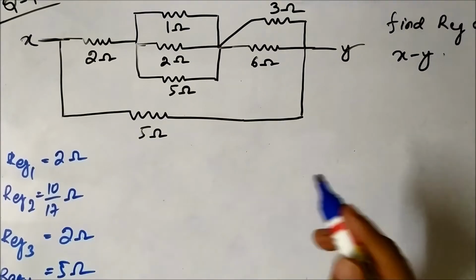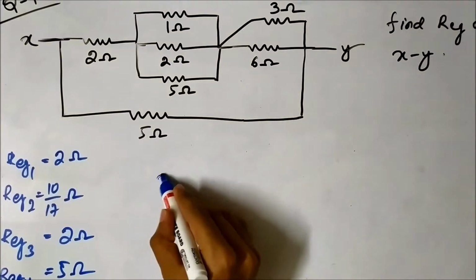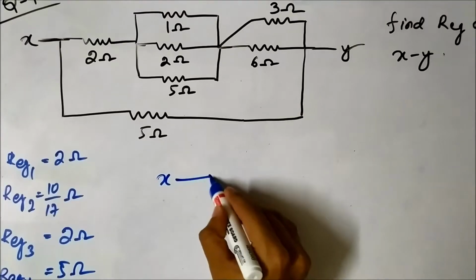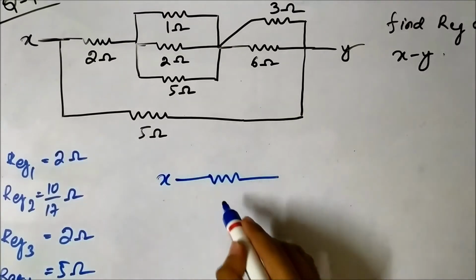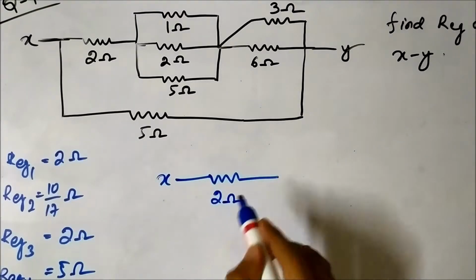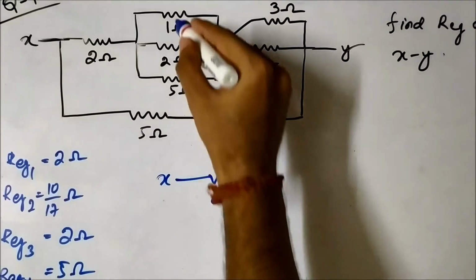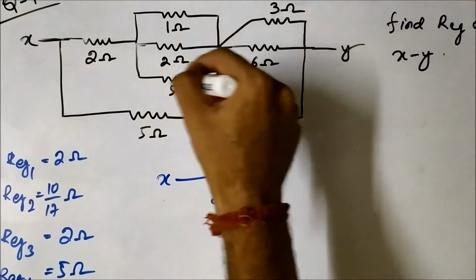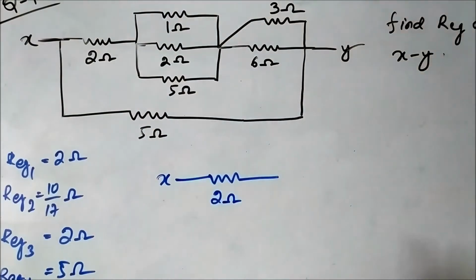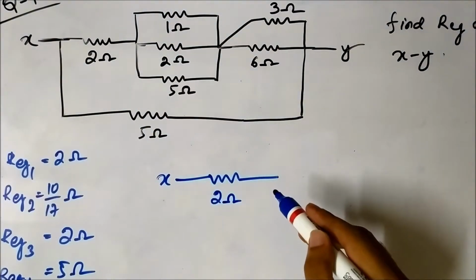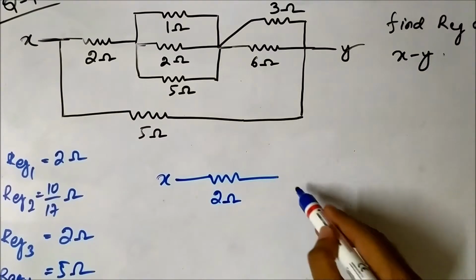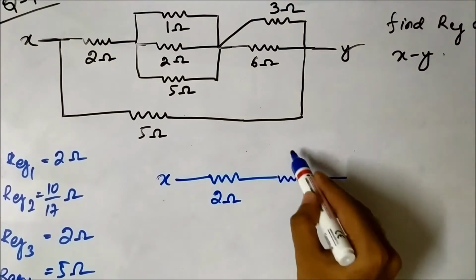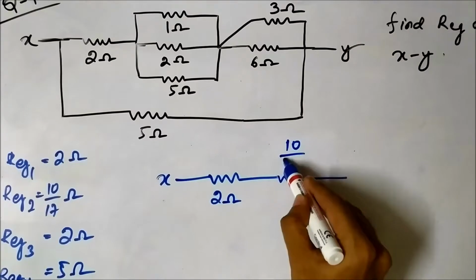Now across the terminals X, first we have R equivalent 1 equal to 2 ohm. Then we have this 1 ohm, 2 ohm and 5 ohm. The equivalent resistance of these 3 resistances, which we calculated as R equivalent 2, is equal to 10 by 17 ohm.